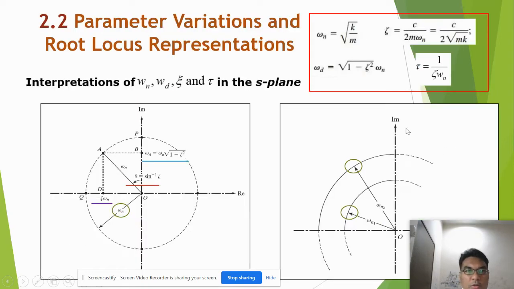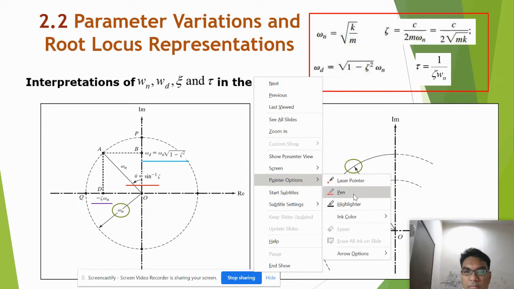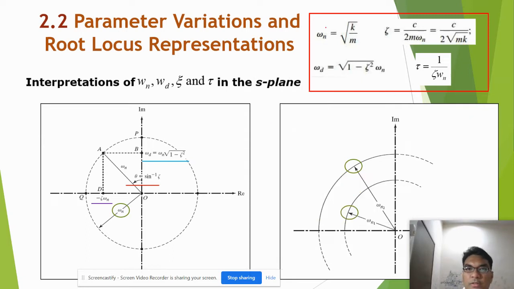The next one is the second part, which is on parameter variation and root locus representations. This is the equation of motion that has been introduced to you previously, where we have the natural frequency omega n, the damping ratio, and the undamped natural frequency.